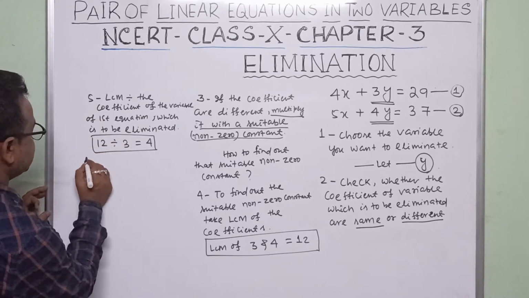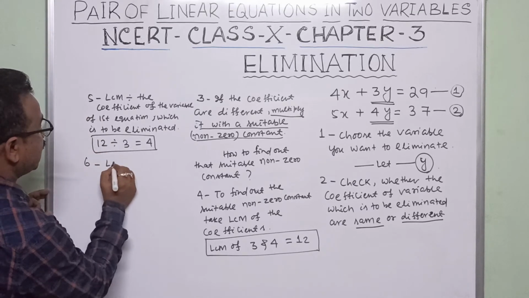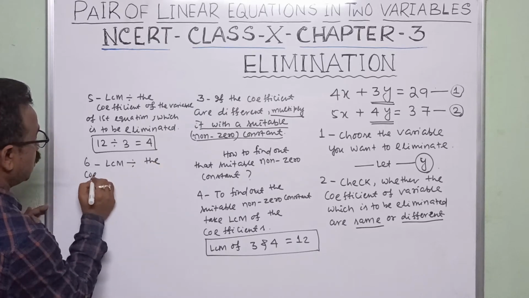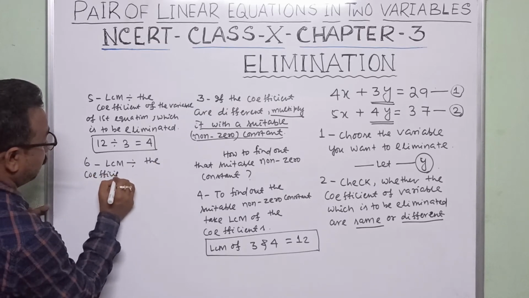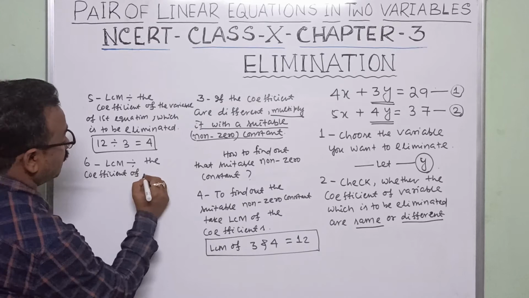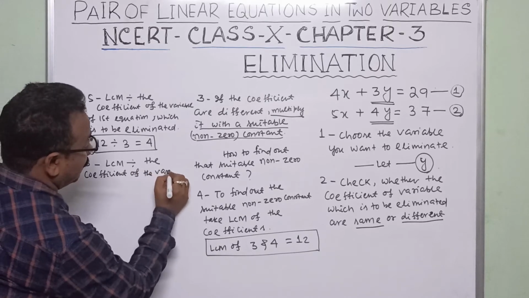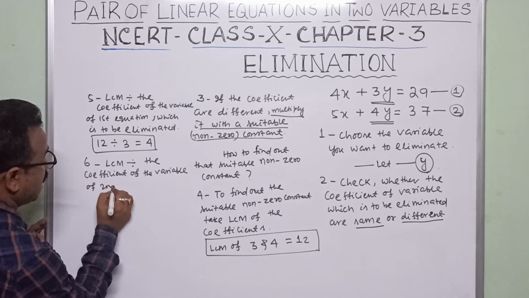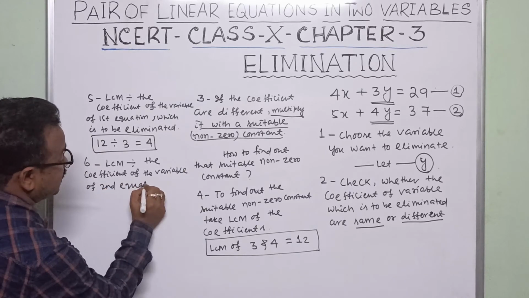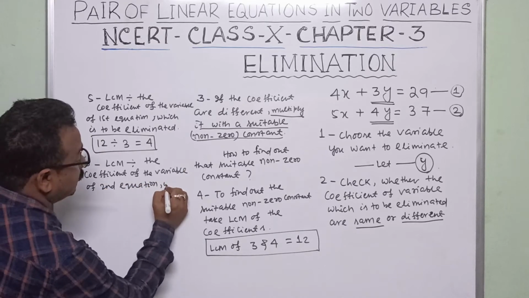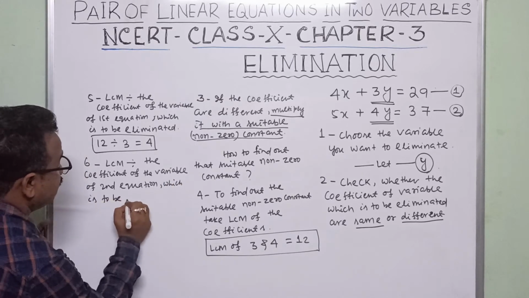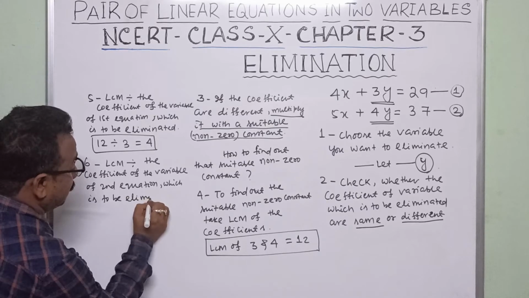So now step 6. Same thing: LCM divided by the coefficient of the variable of the second equation which is to be eliminated.